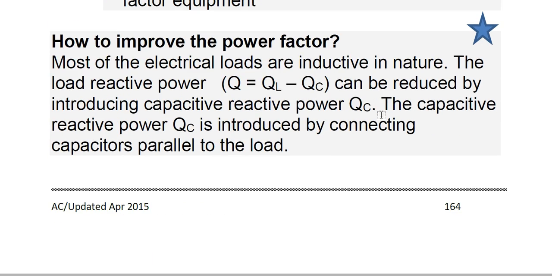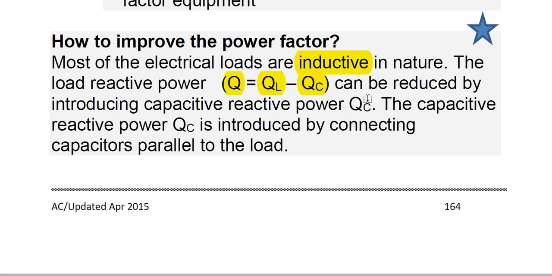So in practice, how do we improve the power factor? Most electrical loads found in a system, for example in our Ngee Ann Poly, are actually inductive in nature. So the load reactive power Q we saw earlier is the reactive power in the inductors minus the reactive power in the capacitors.